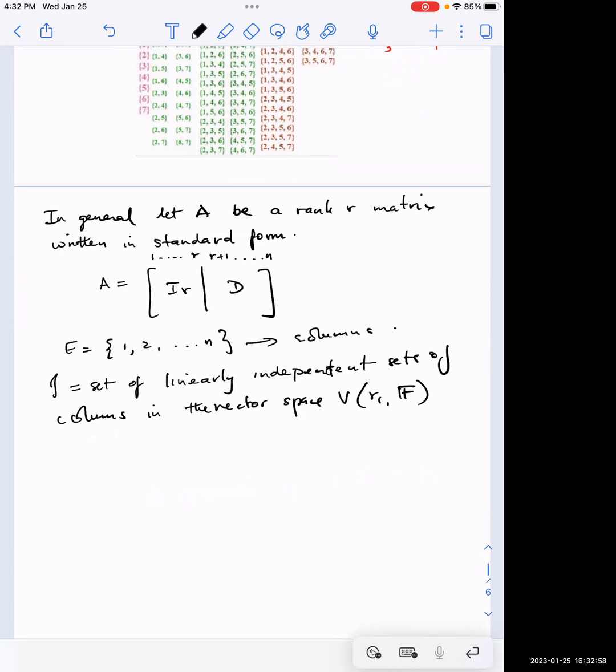Then this is our first claim: E, I is a matroid.